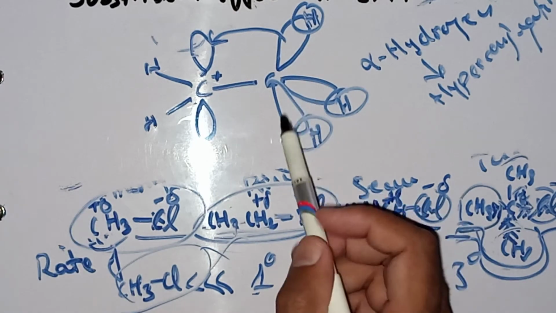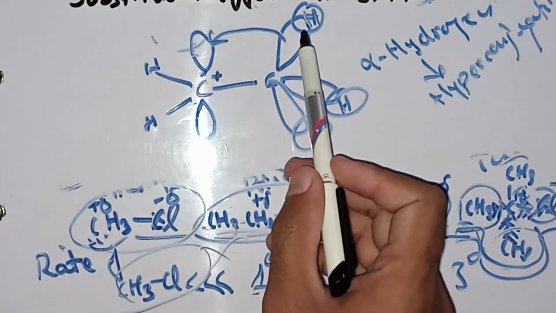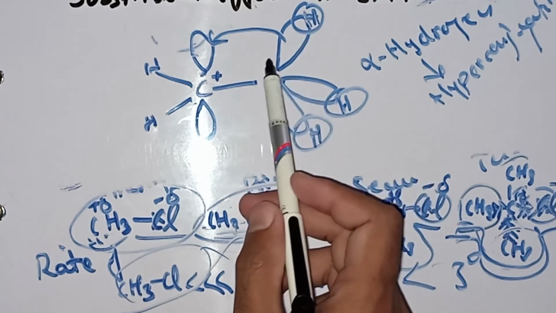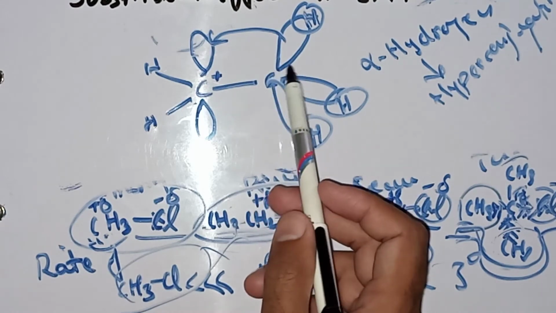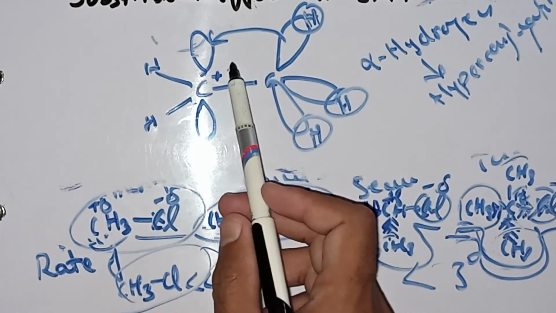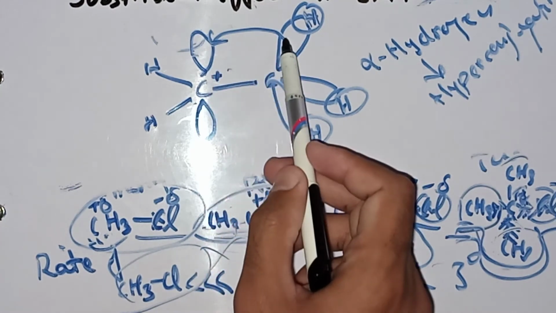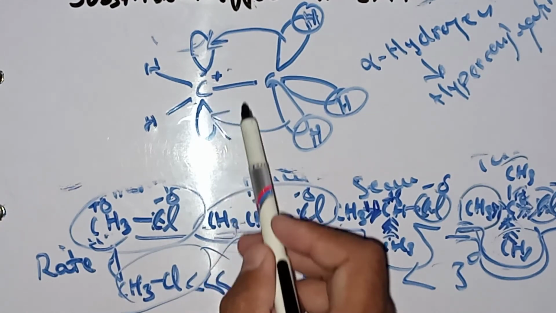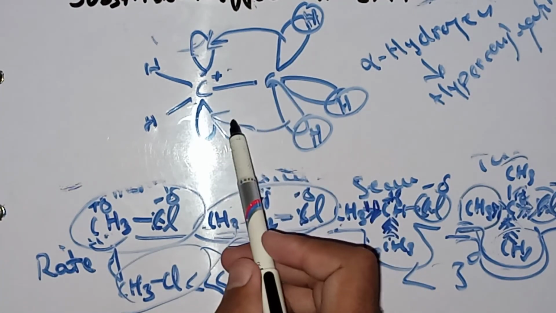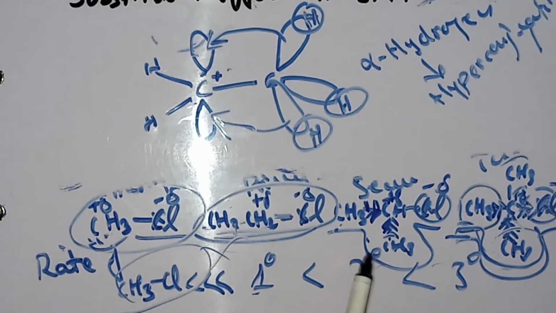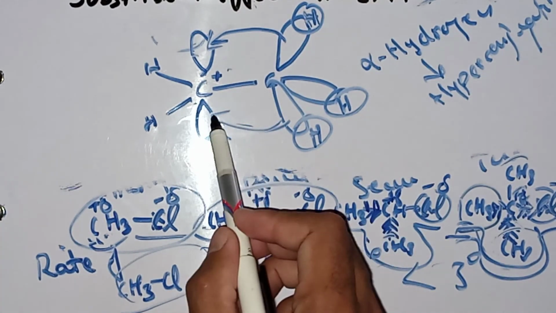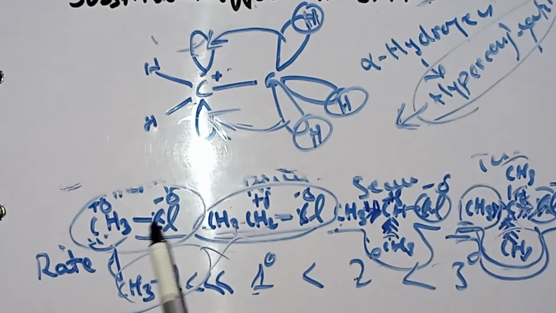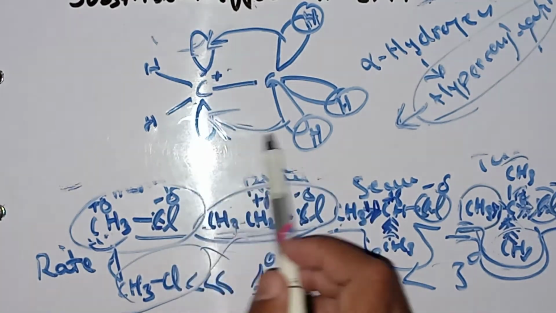Hyperconjugation is the phenomenon in which the partial sigma bond of hydrogen takes part in conjugation with the partial pi bond. And we know that hyperconjugation and resonance are factors that stabilize the system. So this system will be stabilized.